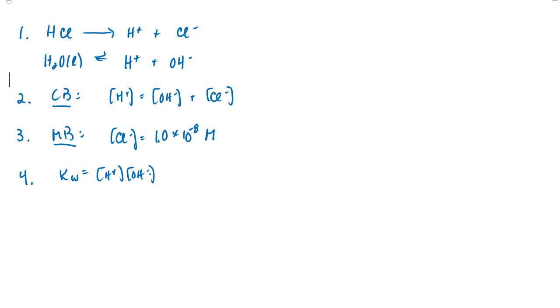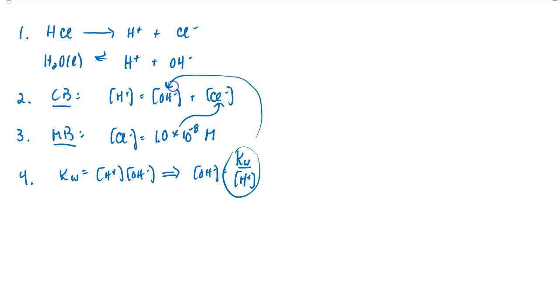So what I'm thinking we might want to do is plug in this chloride ion concentration here, and then what can we plug in for OH here? Well, maybe we rearrange this Kw expression. That would be Kw over H+, and this is what we can plug in for OH.